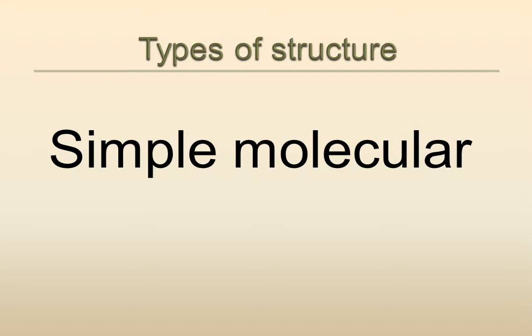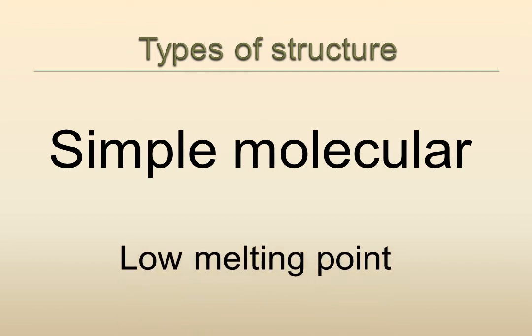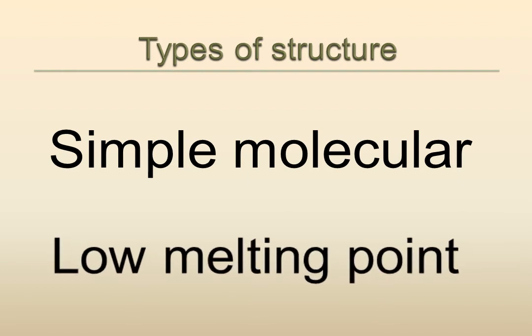Simple molecular structures still have those strong chemical bonds, but they are confined within the molecules themselves. And when we melt a compound with a simple molecular structure, we do not break those strong chemical bonds. What we do is we break the weak intermolecular forces between the molecules themselves. And because they are much weaker than the strong chemical bonds, we find that the melting point is much lower.